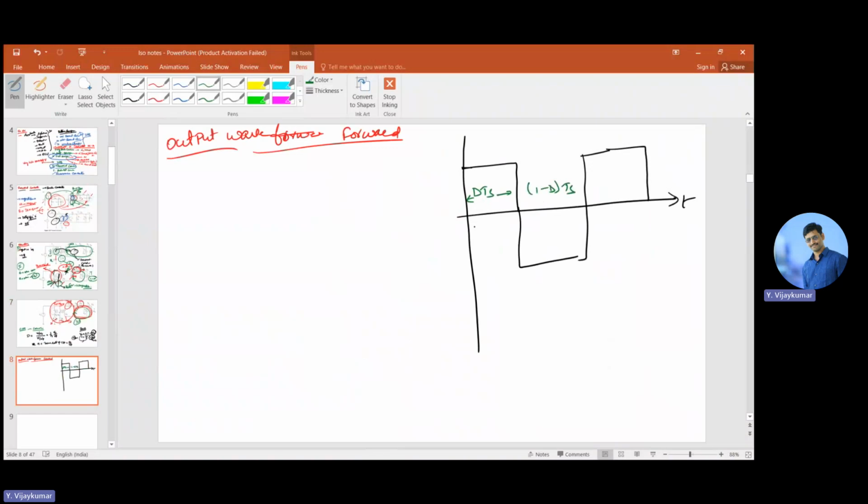So totally TS is the switching time here. And we can call this equation the voltage across the inductor, VL naught.